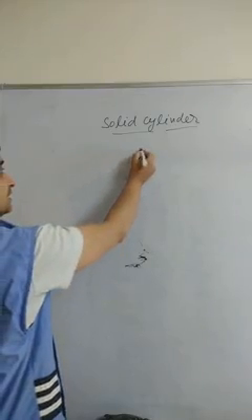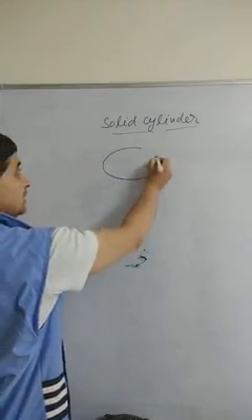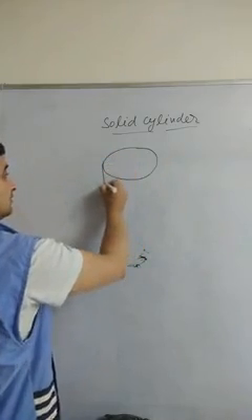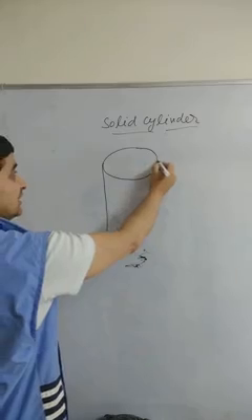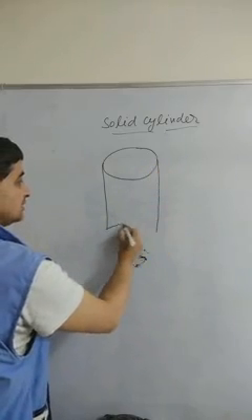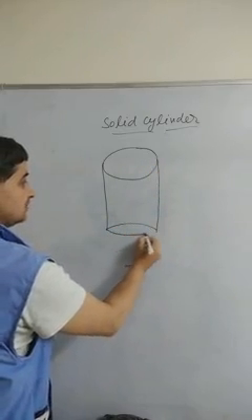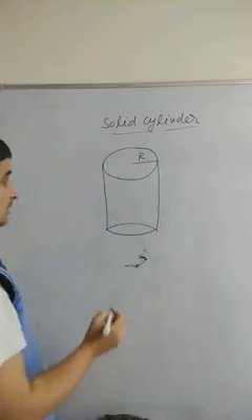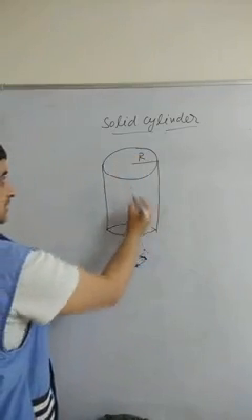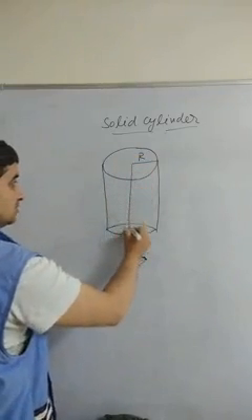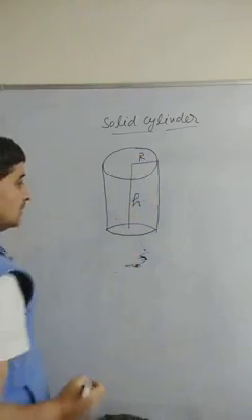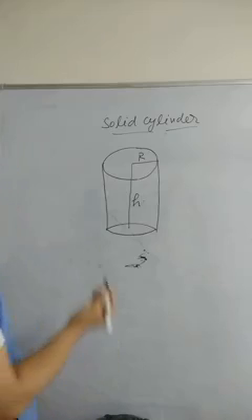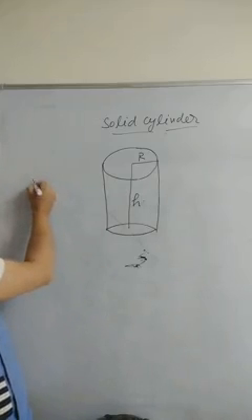Now for the solid cylinder, first I'll tell you how to find the curved surface area, the total surface area and the volume. This is a cylinder. Its radius is R and its height is h. Let's see how to find the volume.